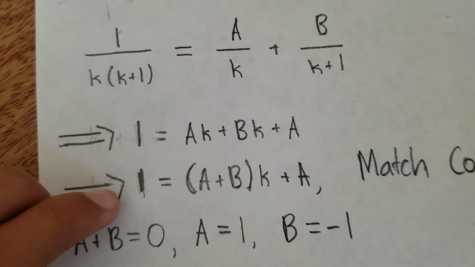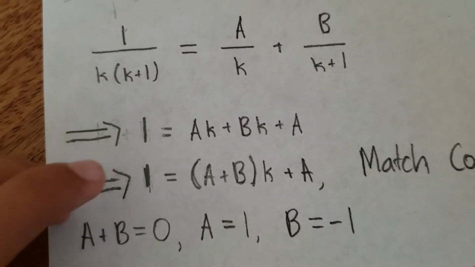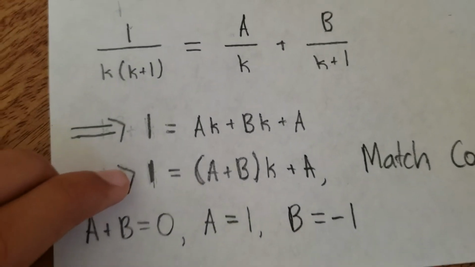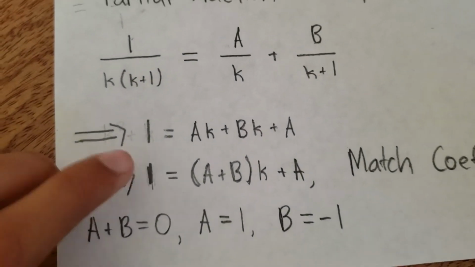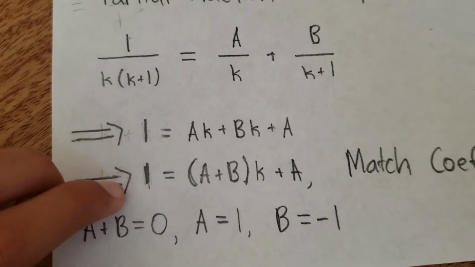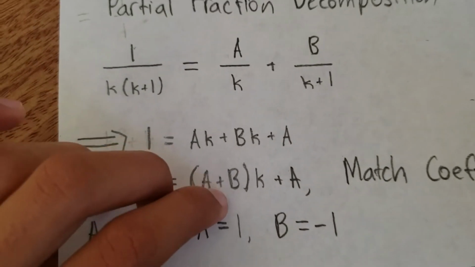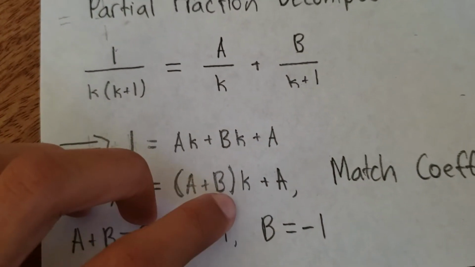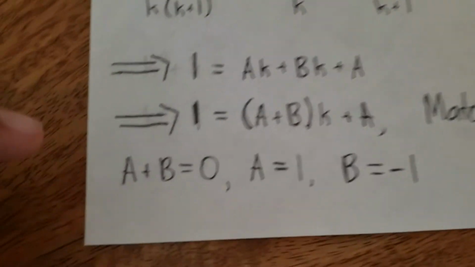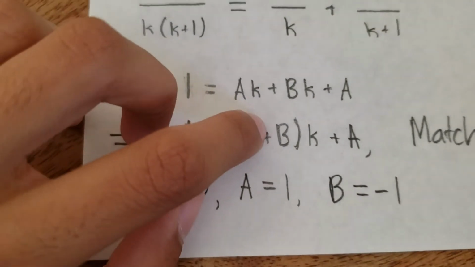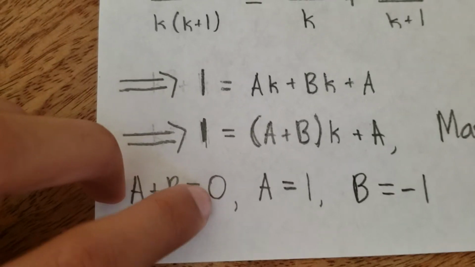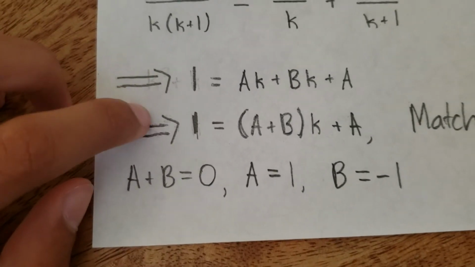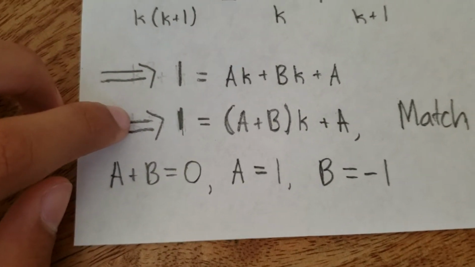So on this side, no matter what k is, there is no k term. And that means the coefficient for the k term on this side is just 0. And the coefficient for the k term on this side is a plus b. So matching coefficients, we get a plus b, the coefficient for k on this side, is equal to 0, which is the coefficient for k on this side, because there is no k term.